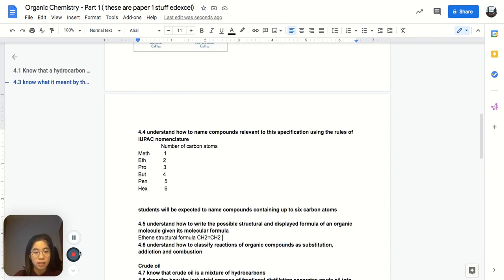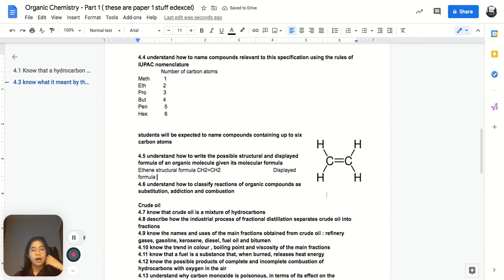But the display formula for ethene will be like, okay, so I found a picture of the ethene display formula, which is basically where I circle. Remember that I told you guys that structural formula and display formula are basically cousins. If you know their display formula, you probably know their structural formula already. So again you do the middle line, remember the middle line, you split them into half.